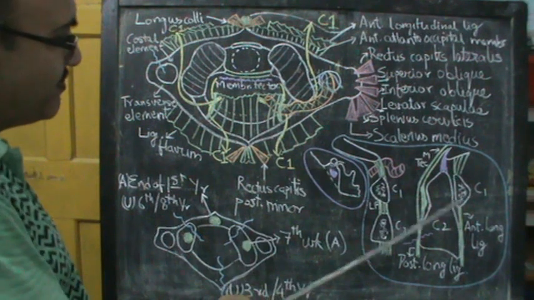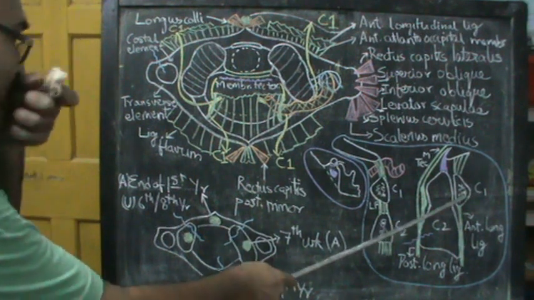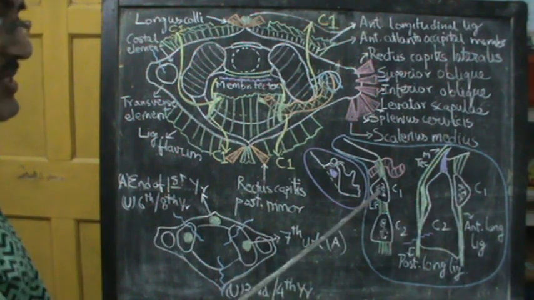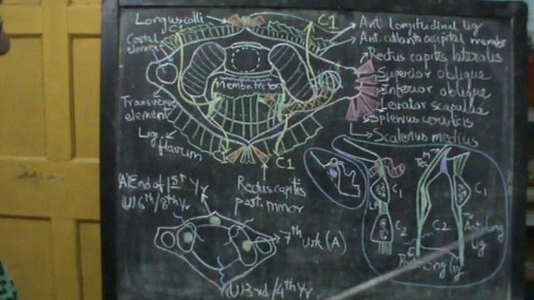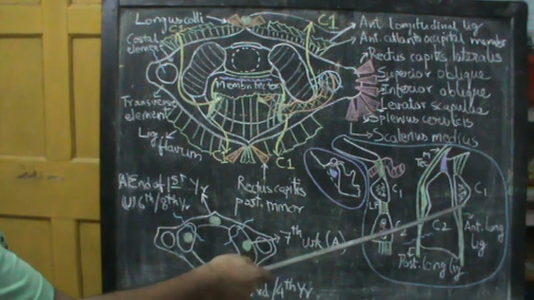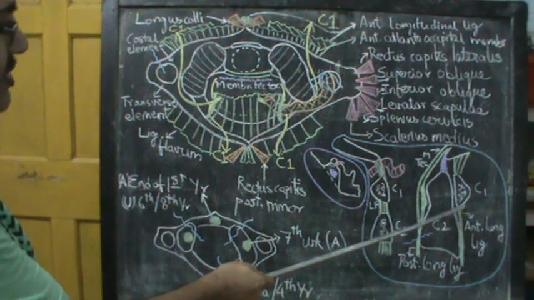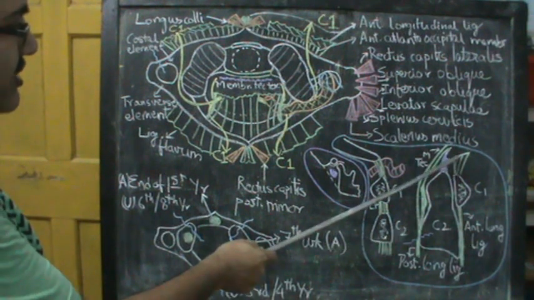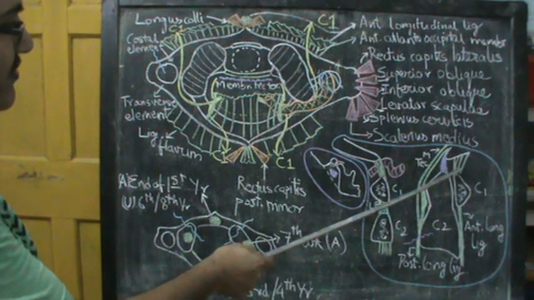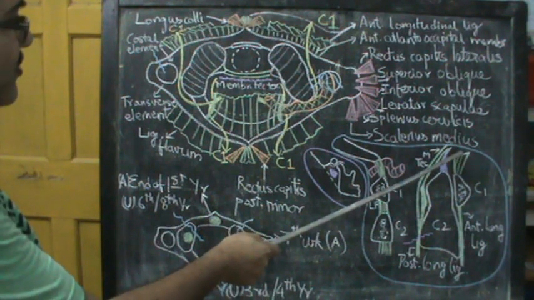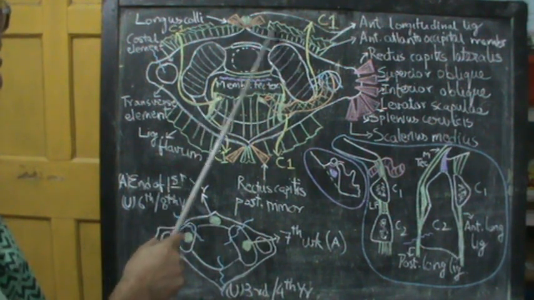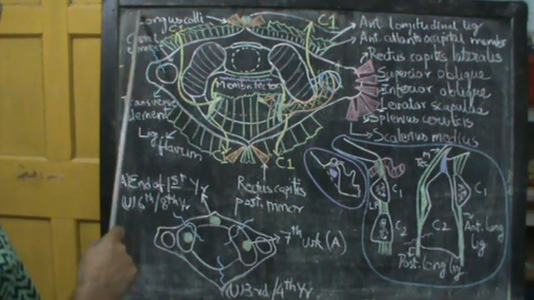Look at this picture: this is the anterior arch of the atlas, this is the posterior arch, and from below the anterior longitudinal ligament comes over to get attached to the lower border of the anterior arch. Here you have the anterior atlanto-occipital membrane from the upper border of the anterior arch to the occipital bone.